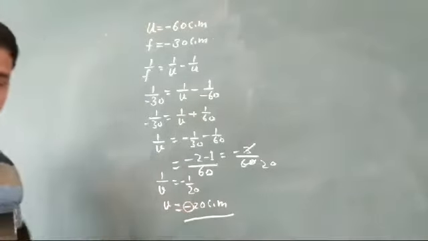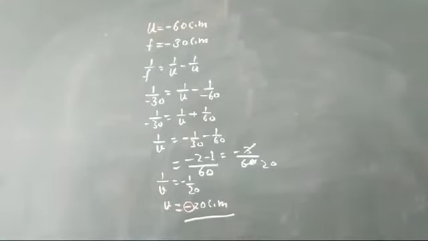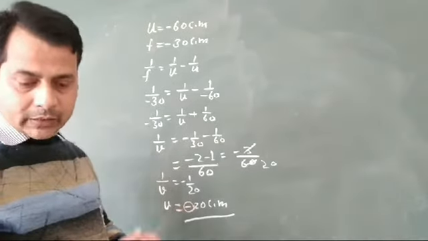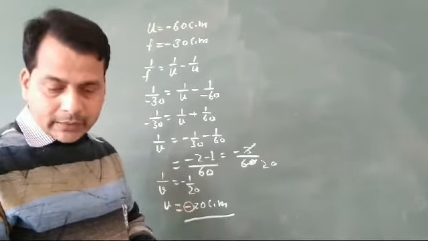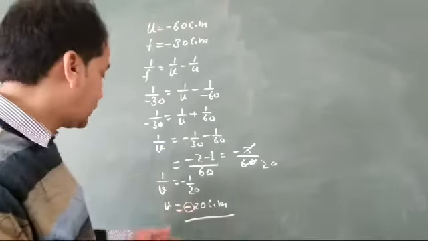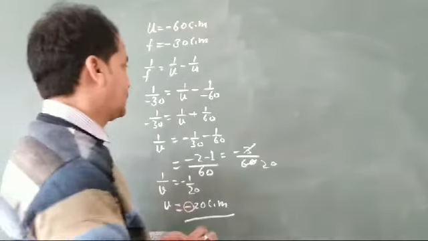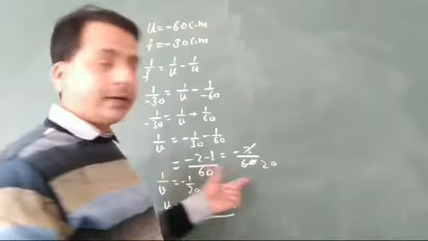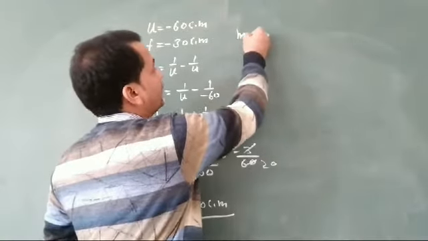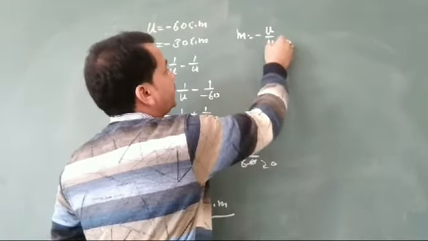The next question is to list four characteristics of the image: nature, position, size, erect or inverted, formed by the lens in this case. So first, the magnification of the concave lens: m equal to minus v by u.